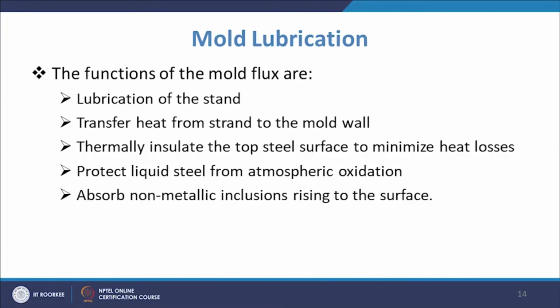Then the functions of these mold fluxes are that there will be lubrication of the strand, then you transfer heat from the strand to the mold wall, and then thermally insulate the top steel surface, protecting the surface from atmospheric oxidation. Many a time it will also absorb inclusions, because if inclusions go up, that powder will attract them.